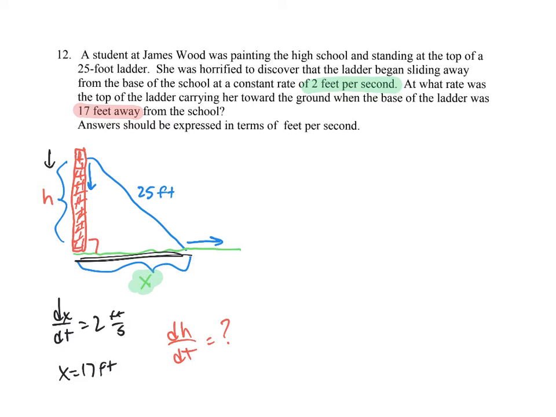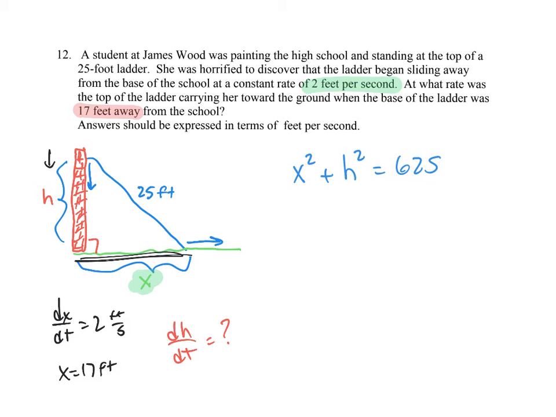Okay, so what we're going to do is write an equation like we always do. From this picture, my variables involve the legs of a right triangle, and we know the hypotenuse, so I'm going to take a guess that this is a Pythagorean Theorem problem, and I'm going to do x squared plus h squared equals, what is that, 625? 25 times 25, I think is 625, right?